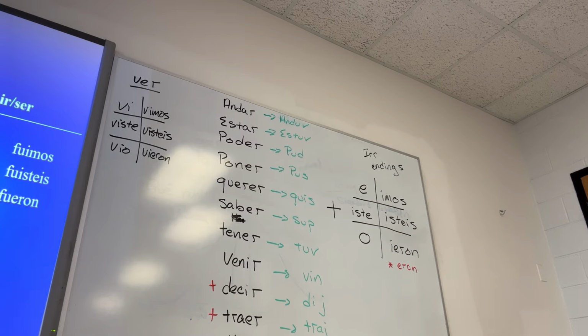So if I want to say they brought their books, ellos trajeron los libros. Okay? If someone asks me, so what did your students say today? Oh, ellos dijeron blah, blah, blah. Okay?